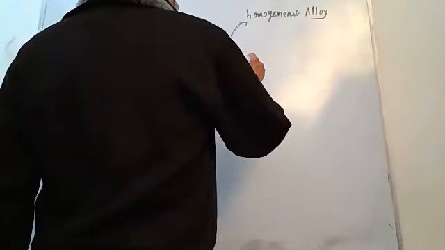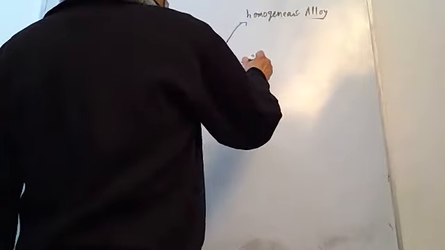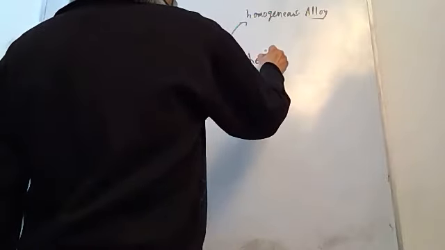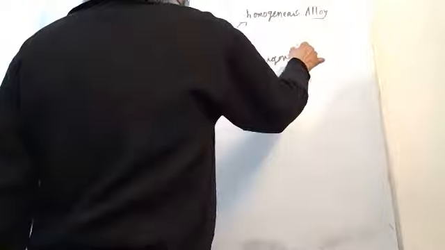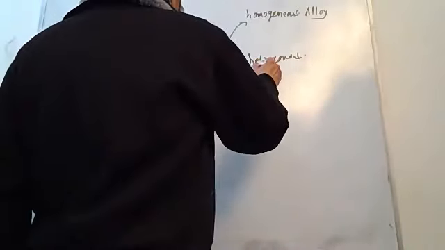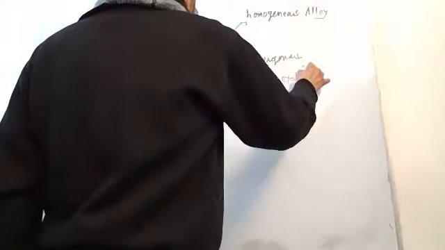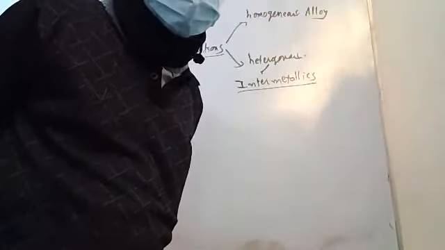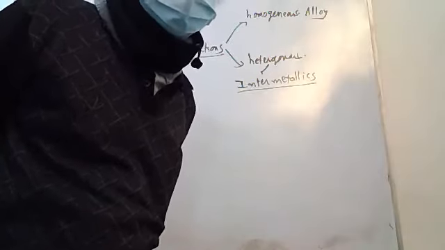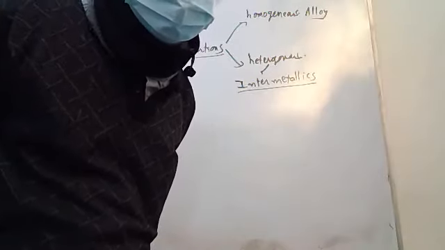You can also have solid solutions which are heterogeneous. So these are two types. One we call intermetallics. What is an intermetallic? An intermetallic is a compound between two or more metals with fixed stoichiometry.